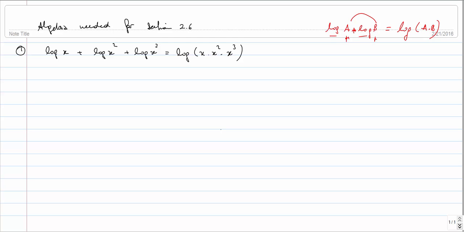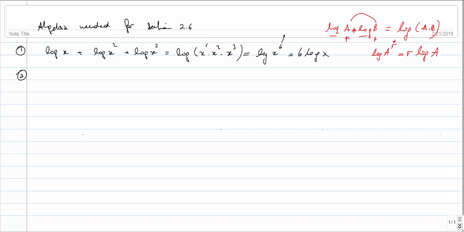Then, after you apply the property, you can simplify x to the 6. And then we take the exponent as a coefficient, which is 6 log x, and I use the property here, logarithm a to the power r, then the exponent becomes the coefficient of the log term.